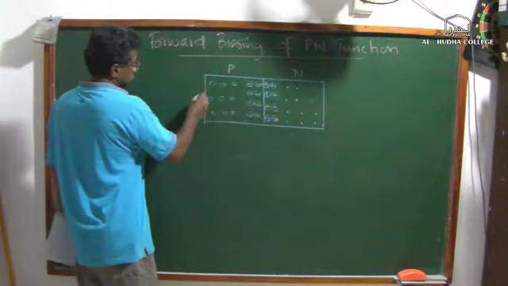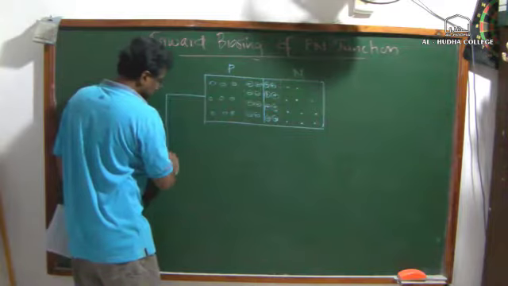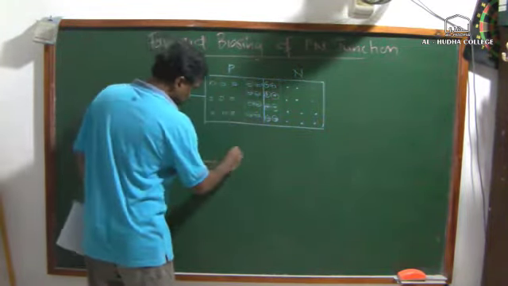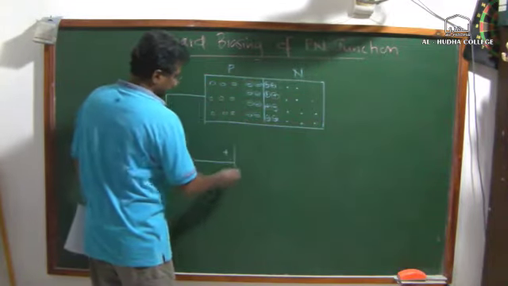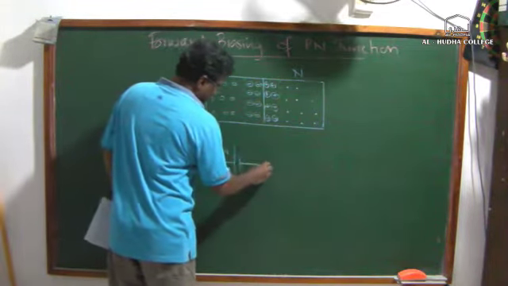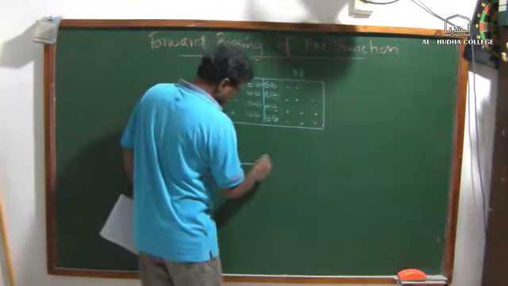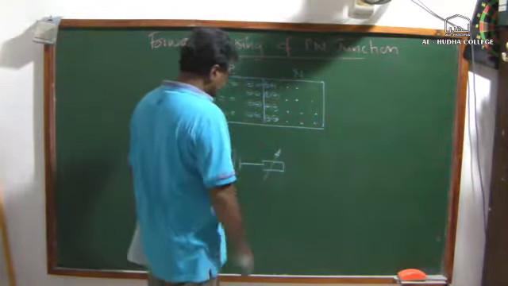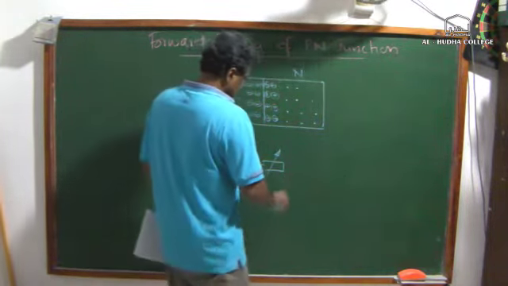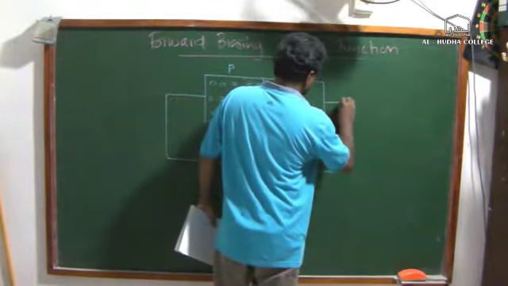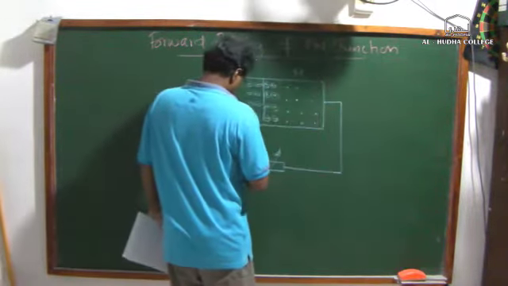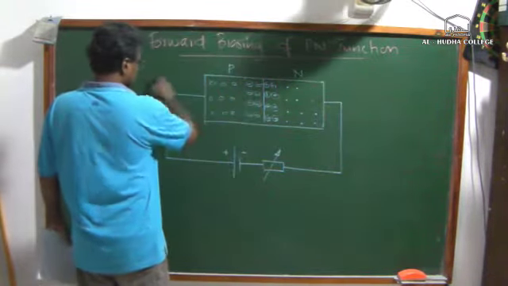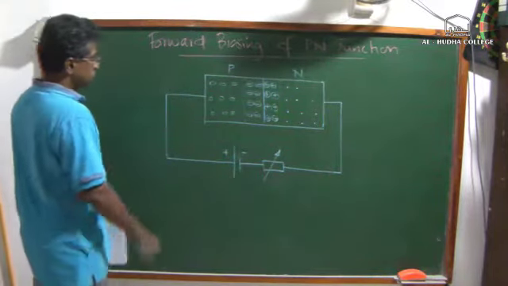If you connect the p-type material to the positive side of the battery and n-type to the negative side of the battery, we'll have to add a resistor here to limit the current. So negative polarity connected to the n-type, positive polarity connected to the p-type, right? So this is forward biasing.